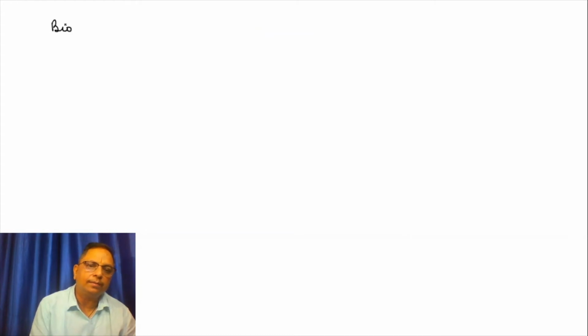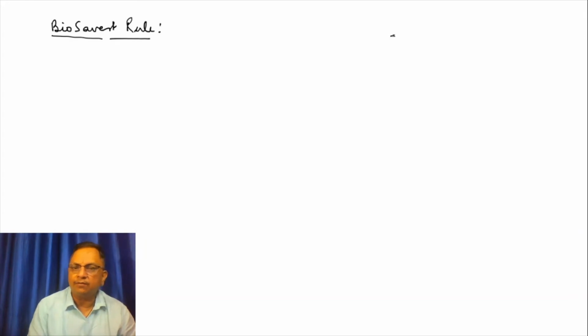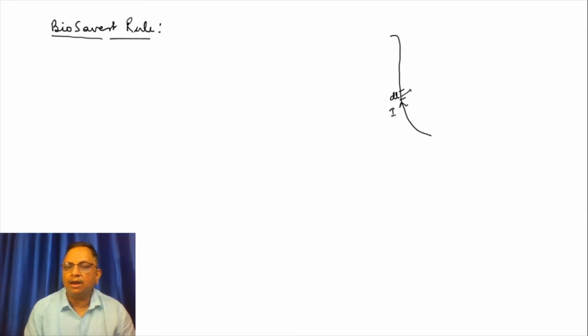Biot-Savart rule. According to this rule, we take a wire, suppose a current is passing through it. We consider a small part of this current carrying wire, and due to this we are calculating the magnetic field at point P, and this distance from here is supposed to be R. The angle of the current element is theta.